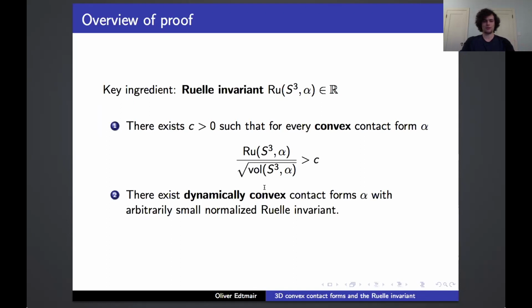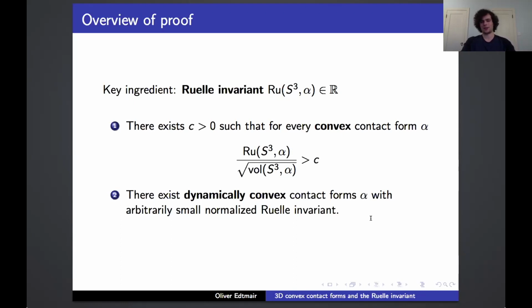But now there are two main steps to the proof of the existence of dynamically convex contact forms that are non-convex. So the first step is we take this Ruelle invariant and we normalize it by volume, such that it is invariant under scaling. And now we can prove that there is some strictly positive constant C, such that for every convex contact form, this normalized Ruelle invariant is bigger than that.